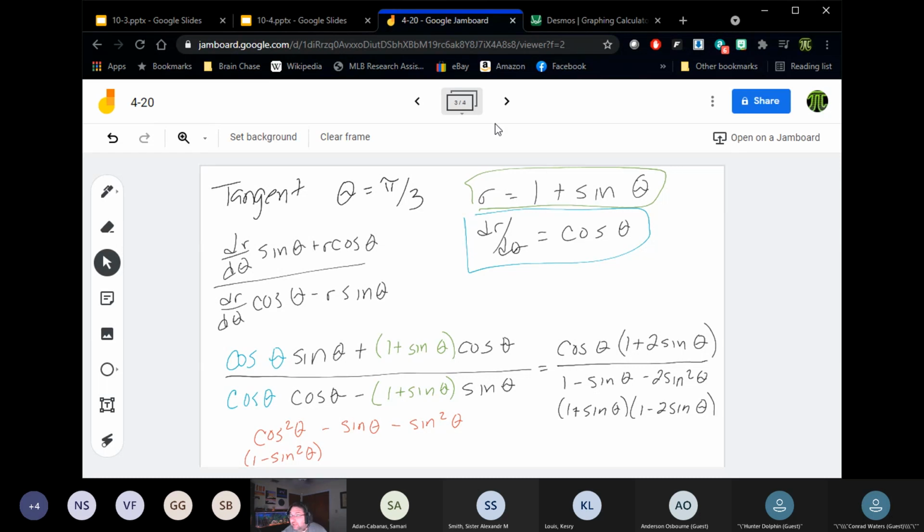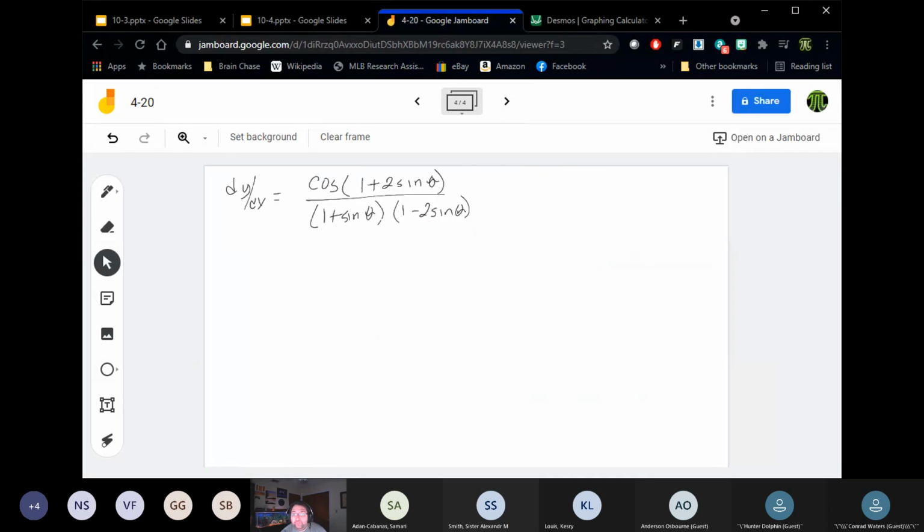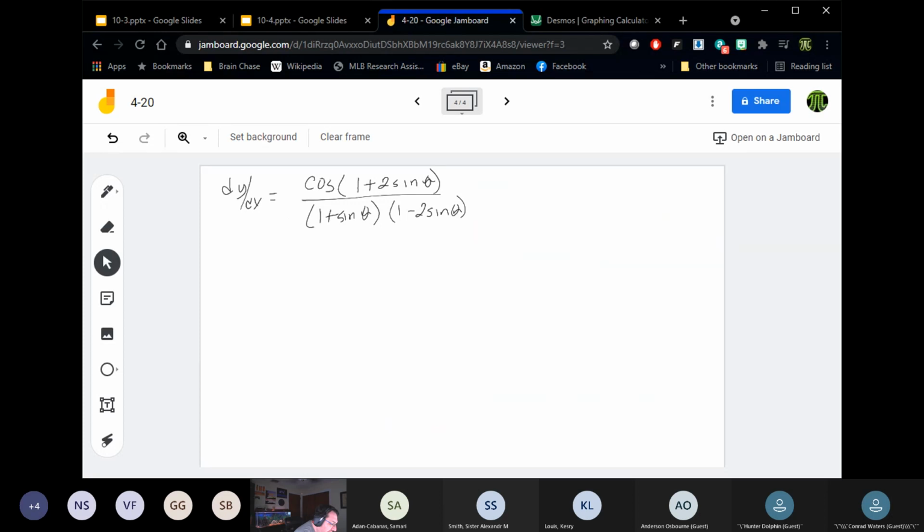Any other questions with that one? All right. I will switch it over in a second. So we have that, and we're looking for the tangent at theta equals pi over 3.